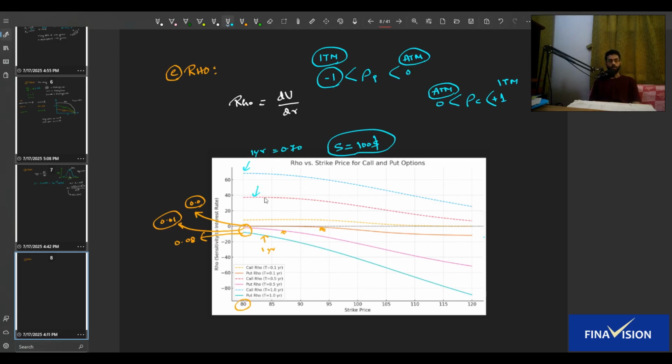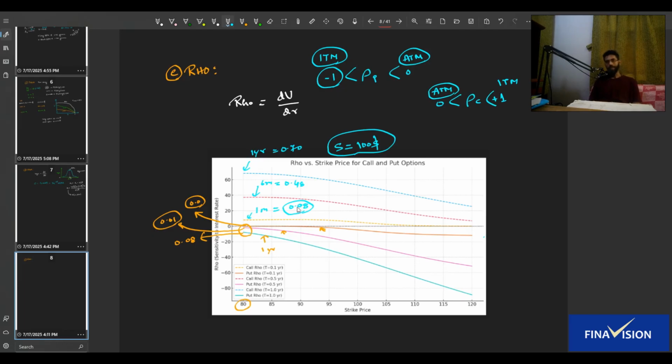The other one, the red dotted line, represents expiry of half a year, that is 6 months. This has a value of somewhere around 0.48, let's say. And the last one, approximately 1 month to expiry, has a value of somewhere around 0.08 positive.